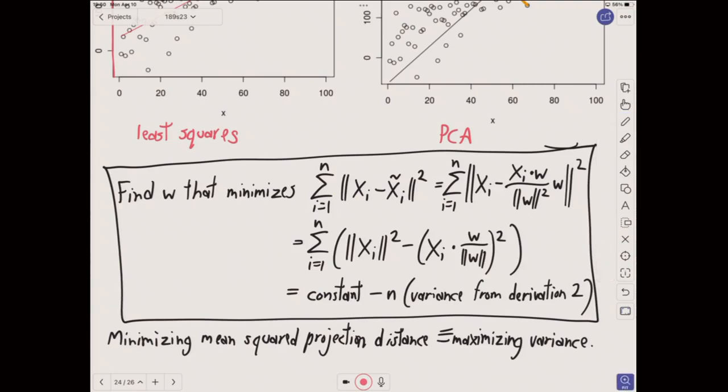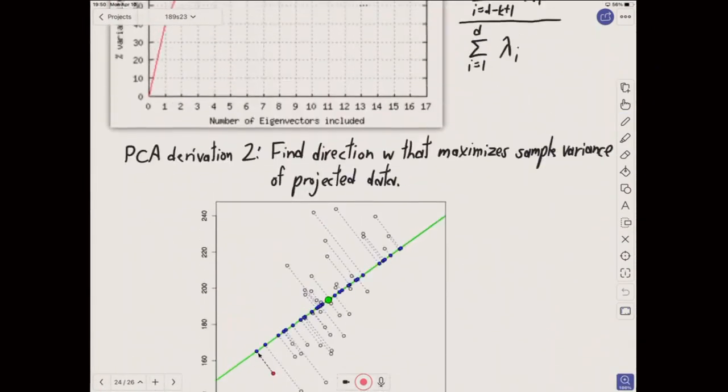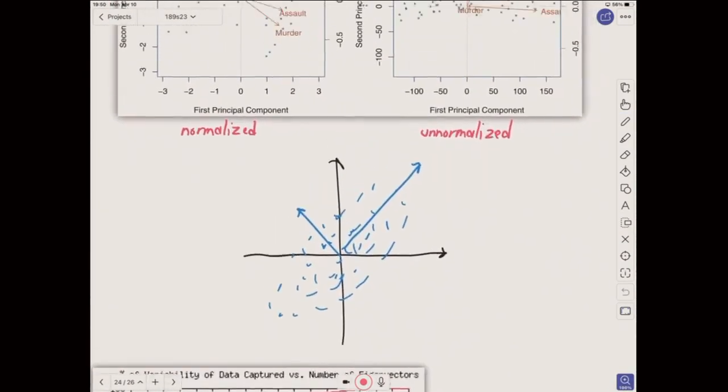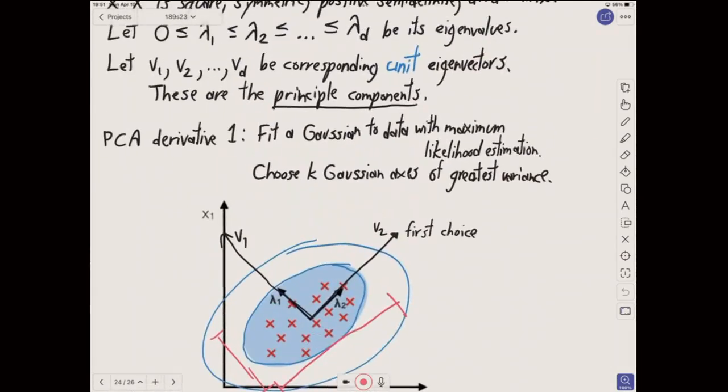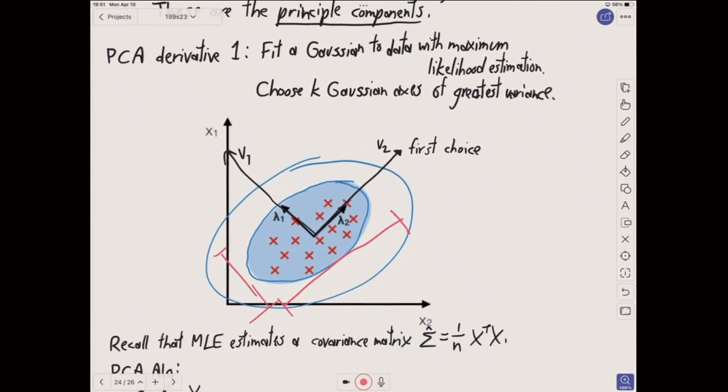Yeah. I mean, one way to think about it is remember the first interpretation. Remember how I talked about we're fitting a Gaussian to the data. That's what this algorithm is doing implicitly. Fit a Gaussian to the data, and then just look at the axes of the ellipsoidal isocontours of that function.